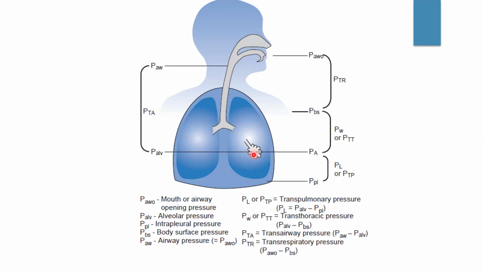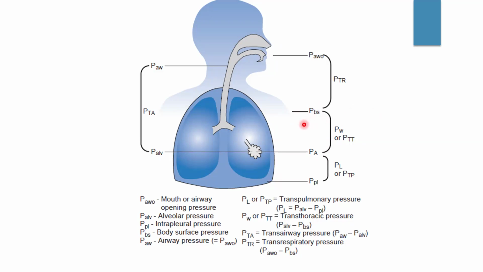The pressure existing inside the alveoli is the alveolar pressure or the pulmonary pressure. Then we have the dark blue, which is the lung, and the light blue, the pleural cavity. The pressure existing inside the pleural cavity, all this space, is the intrapleural pressure. And the fourth pressure is what is existing on the body surface. See, this is the body surface. This is the pressure at the body surface. These are the four pressures.